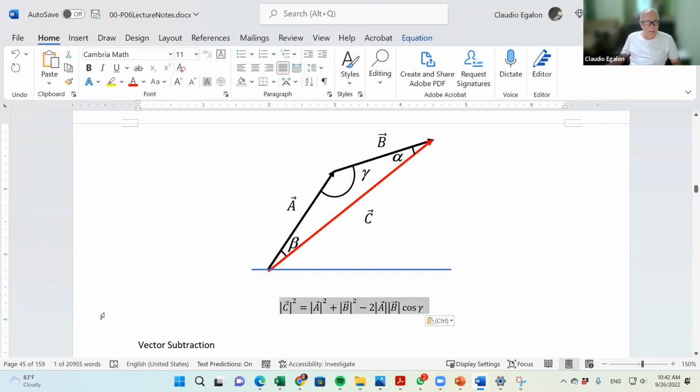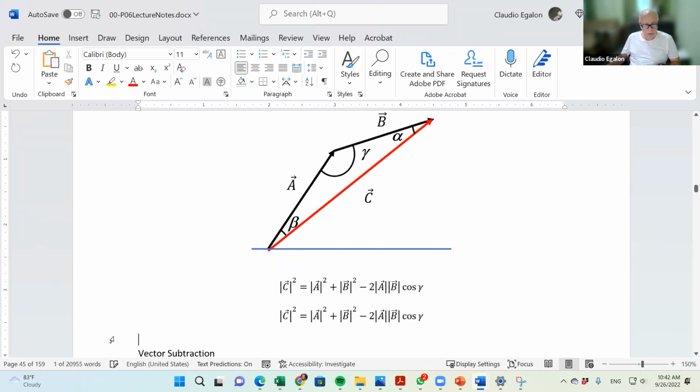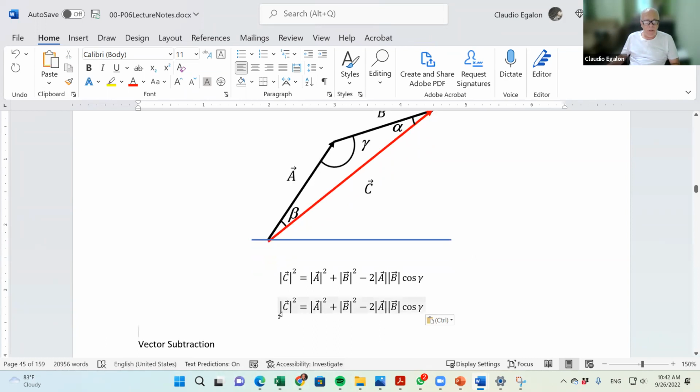A similar relation applies for the other sides, okay? Magnitude of A squared is equal to magnitude of B squared plus magnitude of C squared. Make sense?